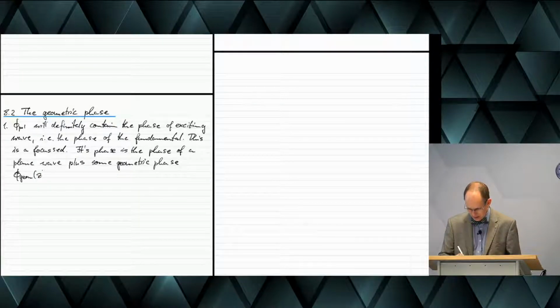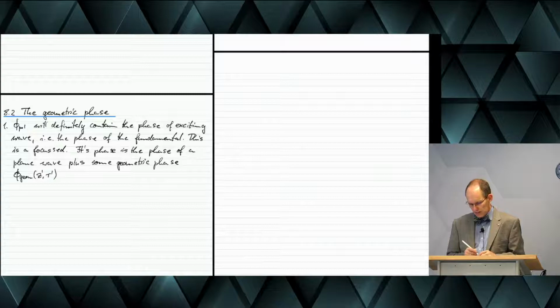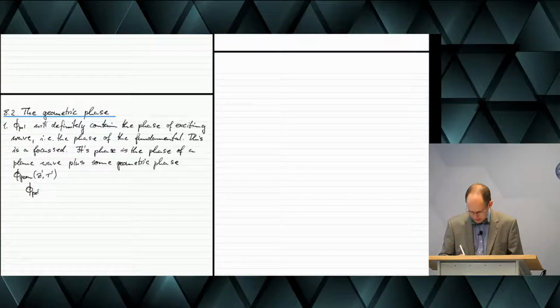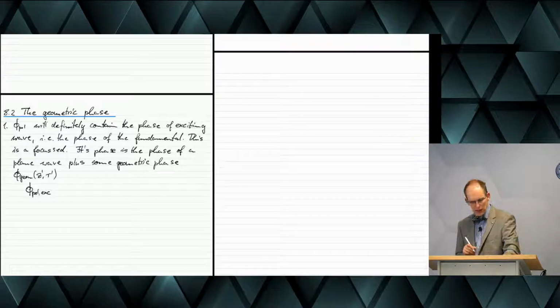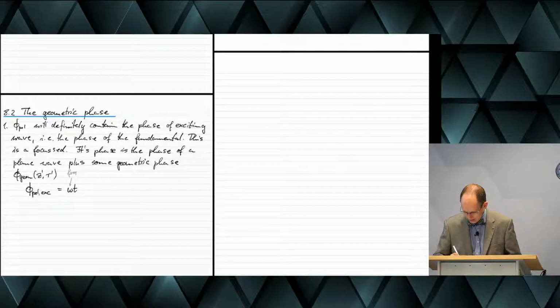And it depends, of course, on z prime and r prime. So r prime is now the radial coordinate, and z is the coordinate on the axis. This means that the excitation polarization would be written as omega times t, where omega is the frequency of the fundamental, as before.